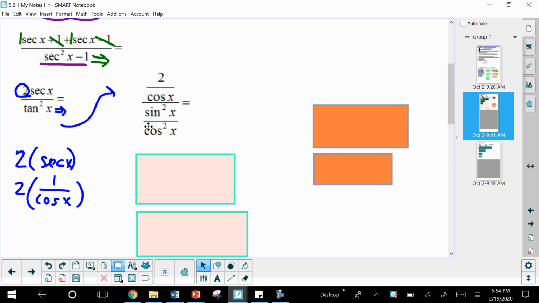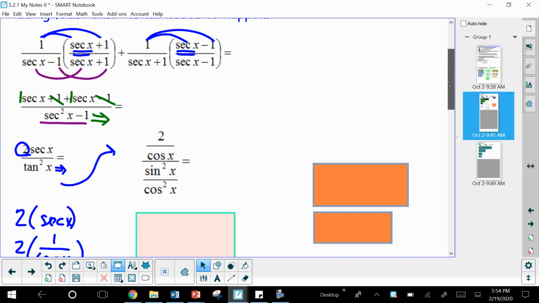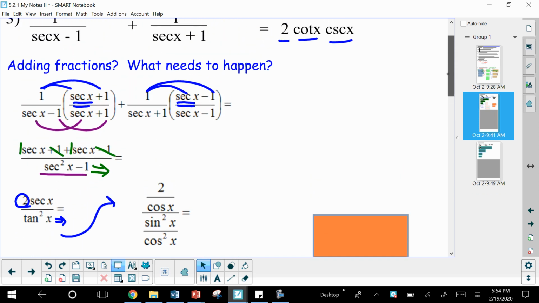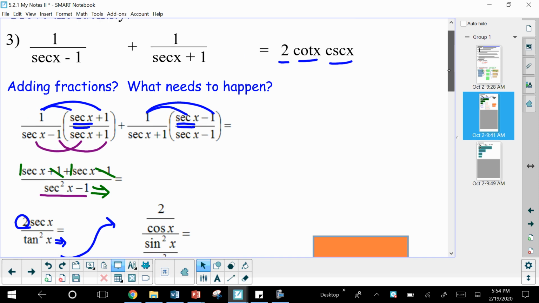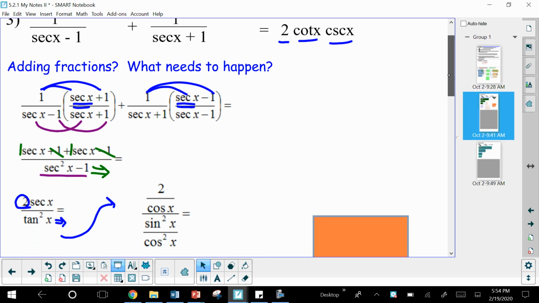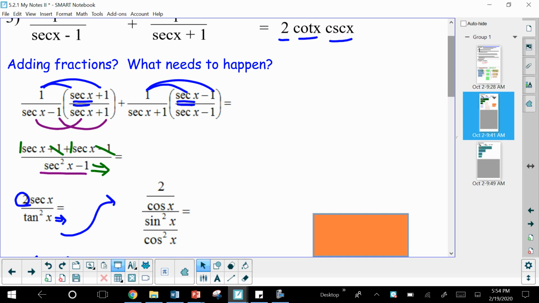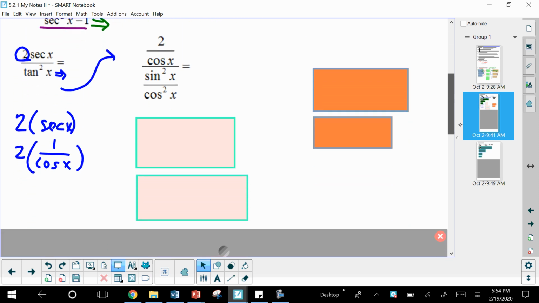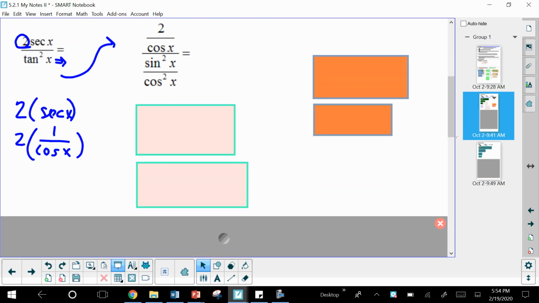Okay, pausing, taking a breath, looking at the right-hand side of our problem. Again, I need 2 cotangent x, cosecant x. I still have the 2, but now I got to figure out how do I get cotangent x and cosecant x. All right, back to our problem. I have a fraction divided by a fraction. So you guys should know, fraction divided by a fraction, all we got to do is flip and multiply.